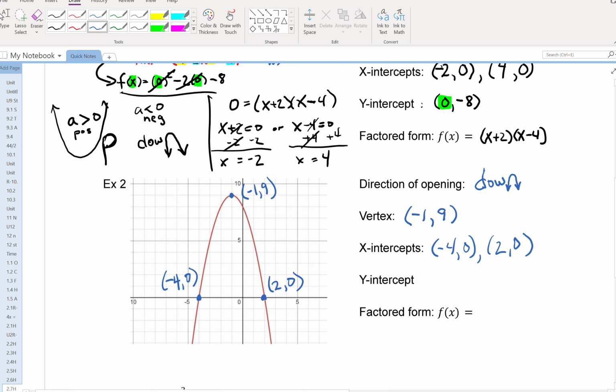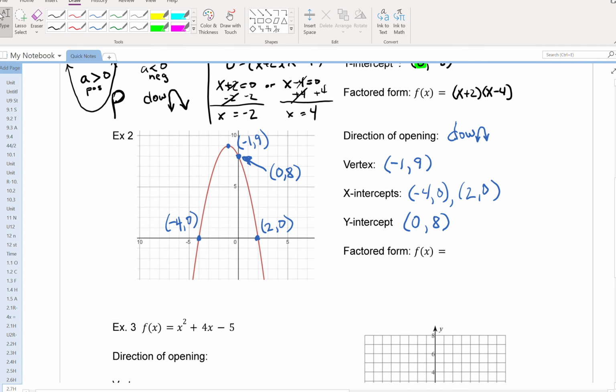And then the y-intercept, where does it cross the y-axis? Well, that always happens when x equals 0. And in this case, that seems to be at the point 0, 8. Now, factored form. They did not give us the equation, so we have to figure out what the equation is. We're not factoring the equation, but we can do this.